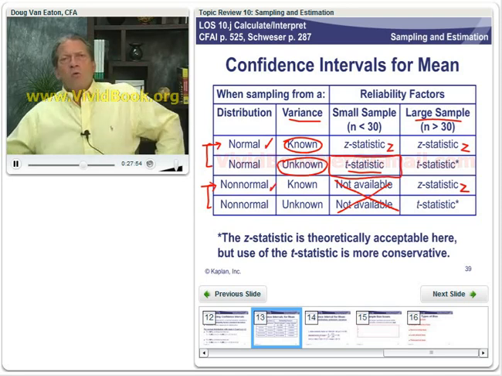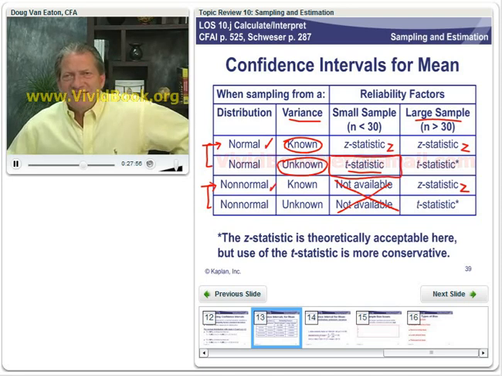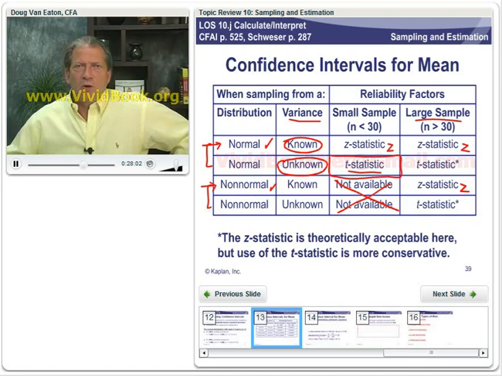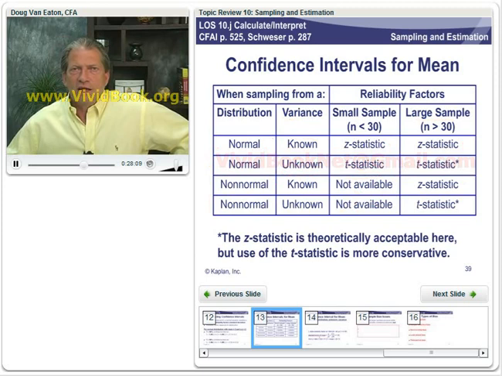So, why is the t-statistic the better statistic to use in these others? Well, let me clear this up and go back to that point and say, look, if the variance is unknown, you need to use a t-statistic with a small sample size, as we said, and you should really use the t-statistic with a large sample size.